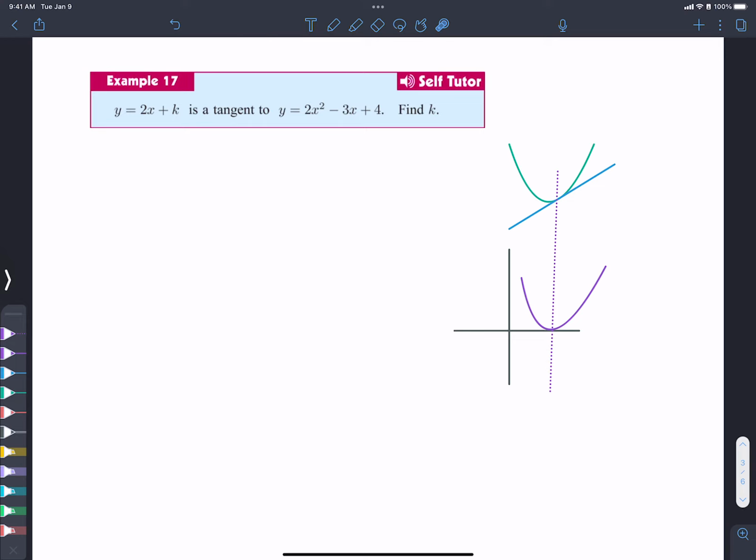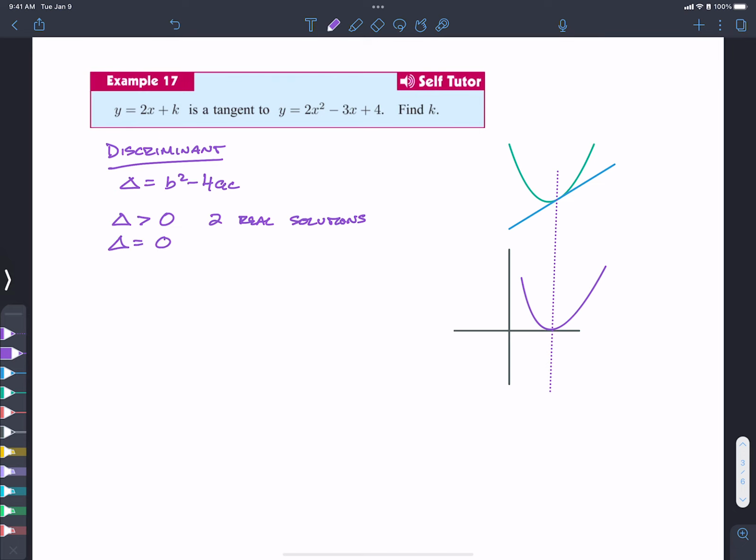And we do that because the discriminant is part of the quadratic equation, remember, and the discriminant is b squared minus 4ac. We know that when the discriminant is greater than 0, we have two real solutions. When the discriminant equals 0, we have one real solution.